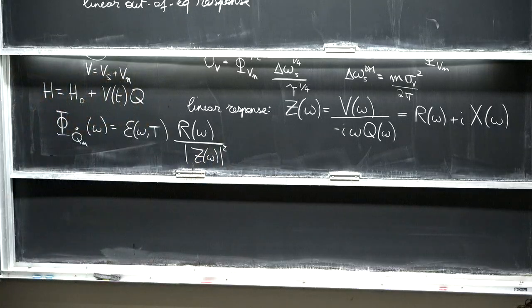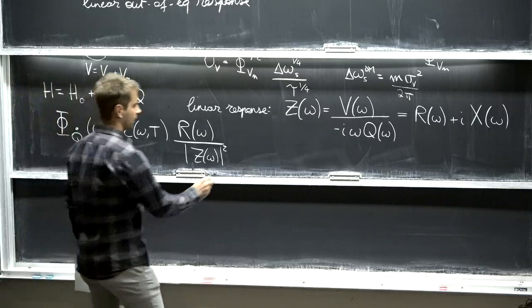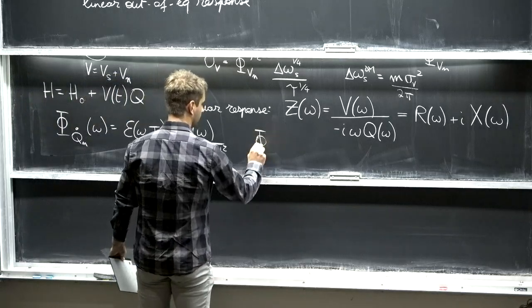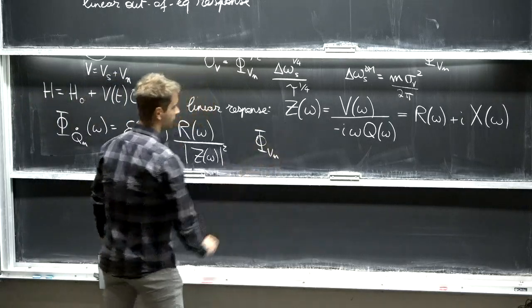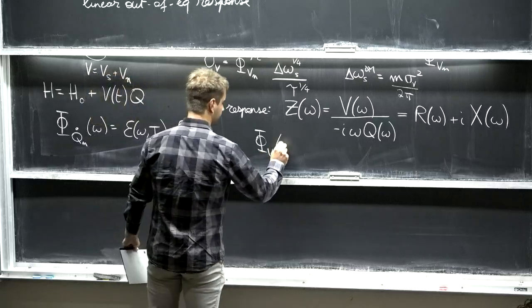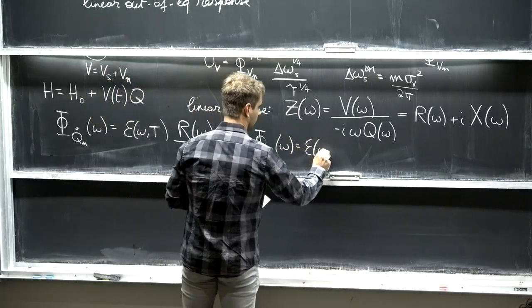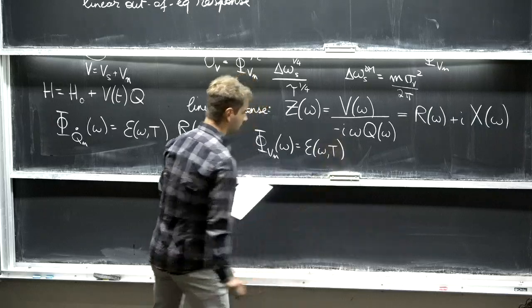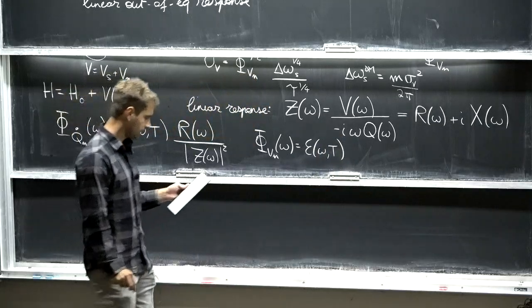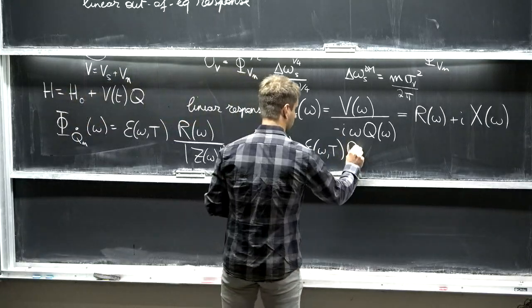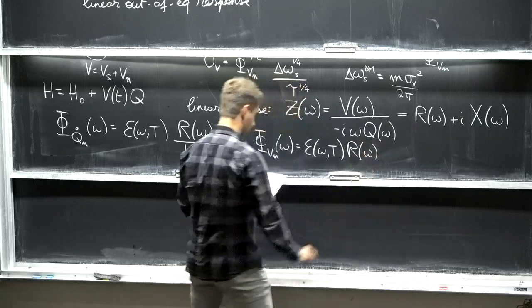Okay, so I'll have a derivation of the formula in the notes. And if you want to translate this to some effective voltage noise in your system, this will be the same noise energy as a function of frequency and temperature of your system times the resistance, this generalized resistance.